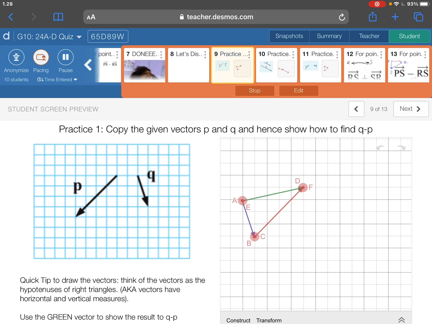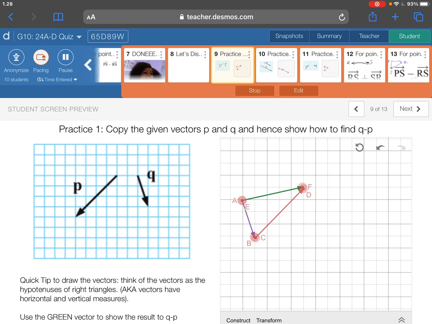So what I want you guys to do is follow the question, right? So right here, I'm asking you guys to show me what Q minus P looks like. So you would have to start with Q first, and then add negative P. And then you show me the result here.